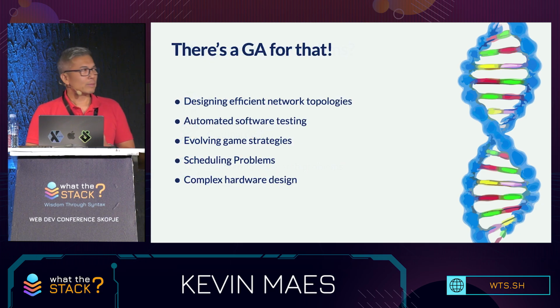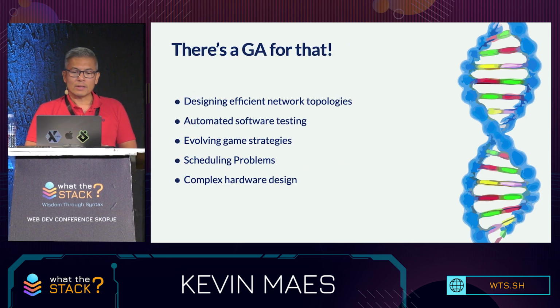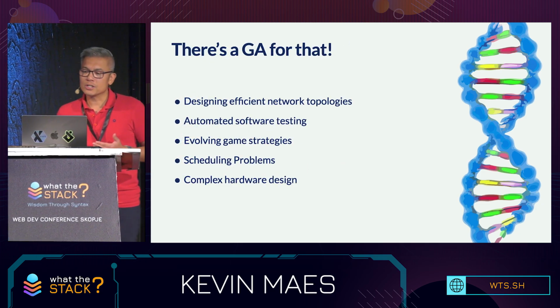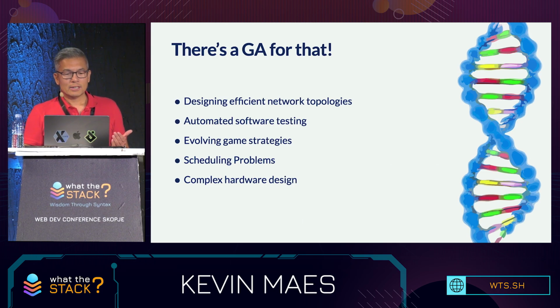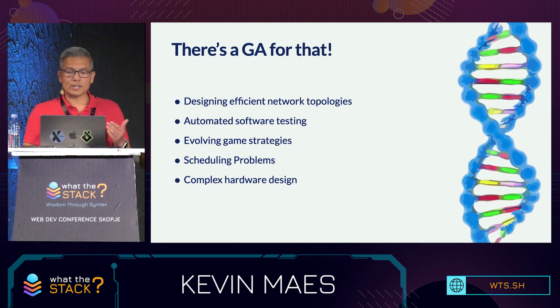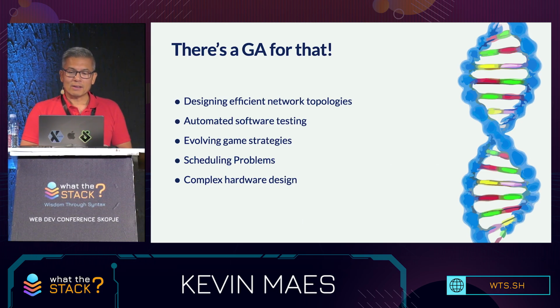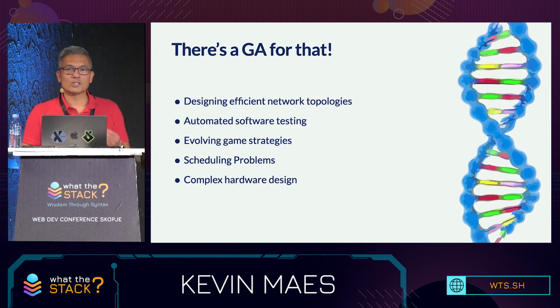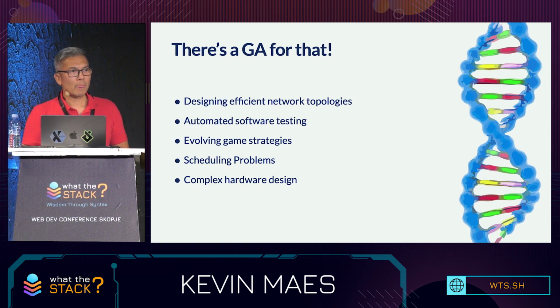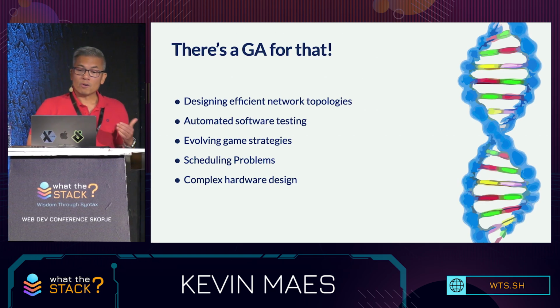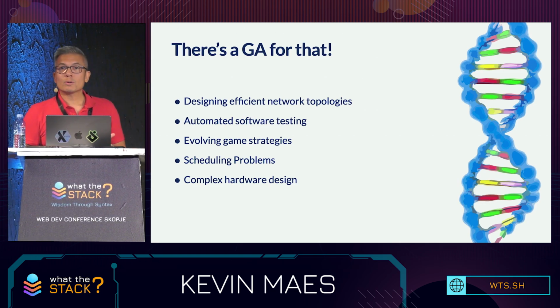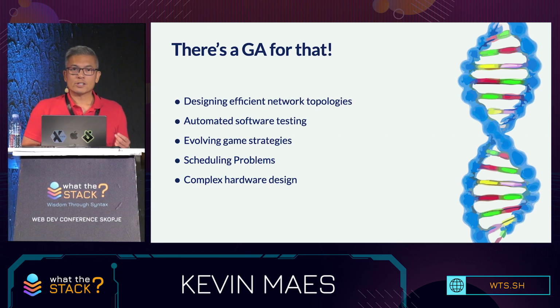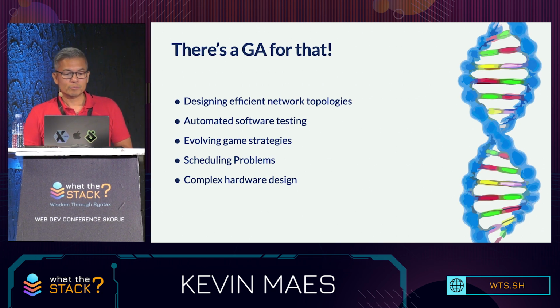Now, what kind of problems can be solved here? Well, they can definitely be used to design efficient network topologies. So I'll give you an example. A company like UPS for shipping, they've used GAs to optimize delivery routes, okay, to maximize efficiency and to reduce cost. Also, there are evolving game strategies in games like Go and chess, and they can use GAs to enhance their AI.